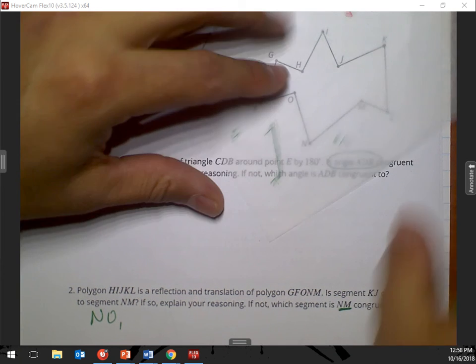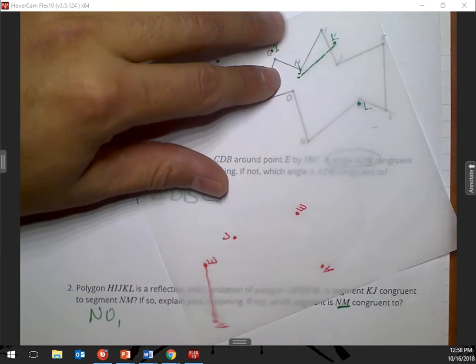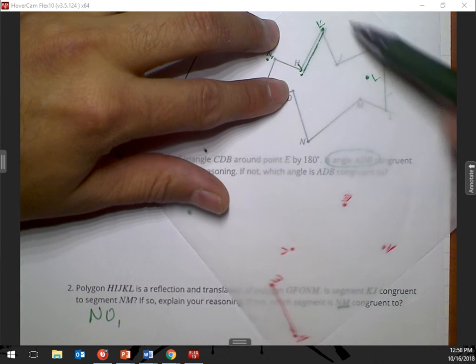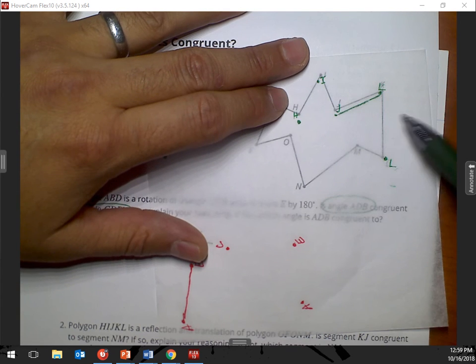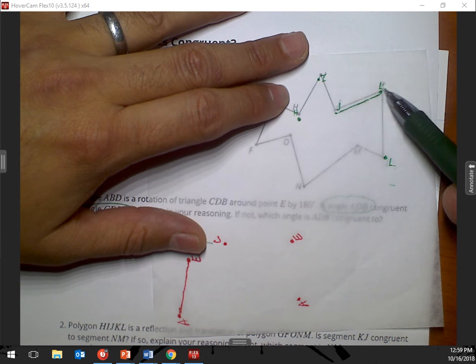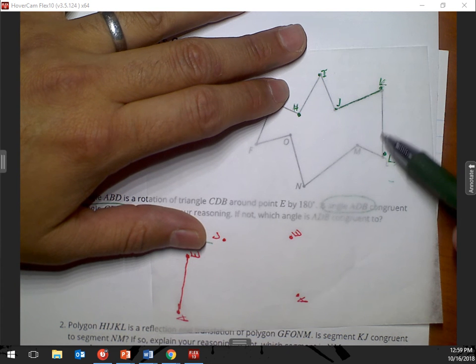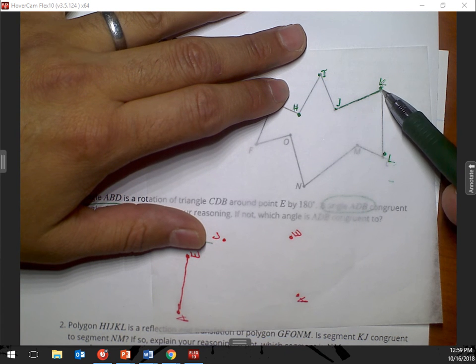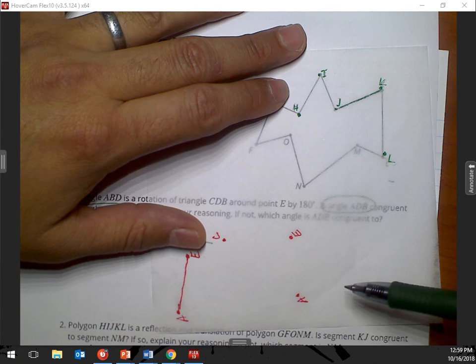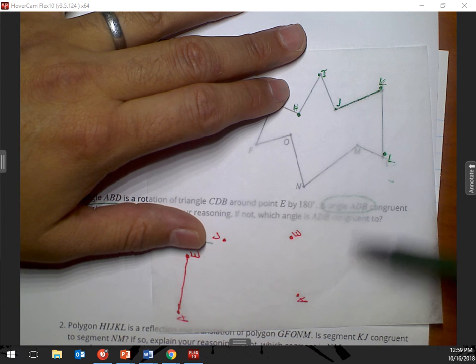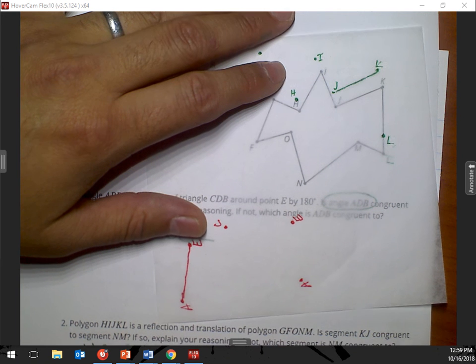Okay, let's figure out what those ones are. Flip it over. Those two are KL. That's K and L, right? It looked like a little L. Any questions? Because all I'm doing is using the patty paper to tell me which works here. So it does line up with KL.